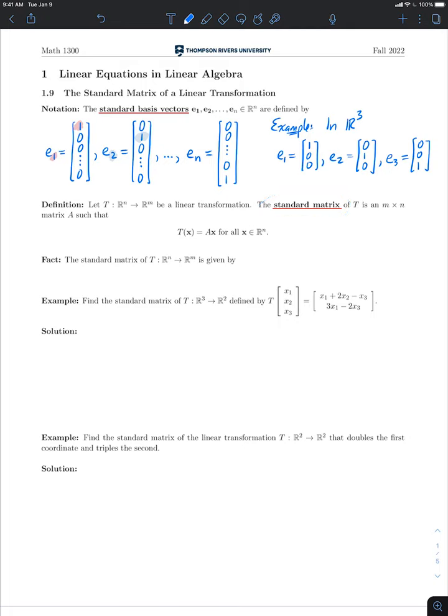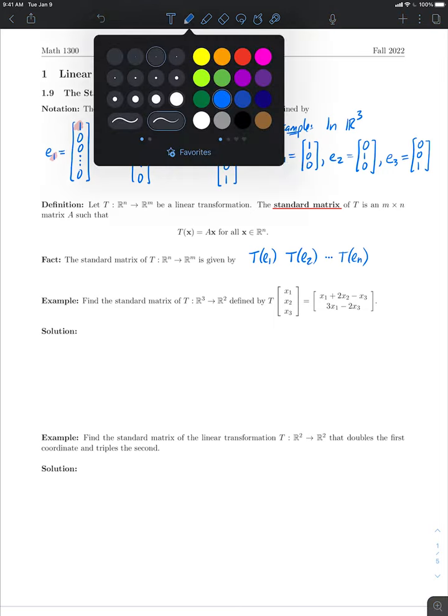just plug each of the standard basis vectors into your transformation T. So we'll work out T of e1, then T of e2, and keep going all the way up to T of en.